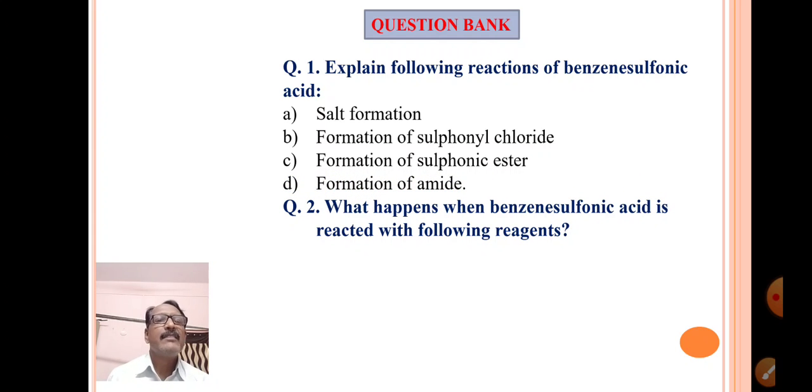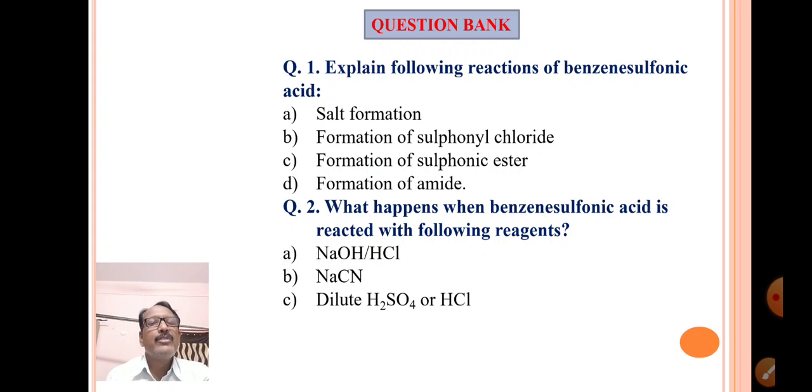The second question may be like this: what happens when benzene sulfonic acid is reacted with the following reagents? NaOH and HCl, NaCN, dilute H2SO4 or HCl, and NaNH2. If you write answers for these questions, that will be helpful for the examination.